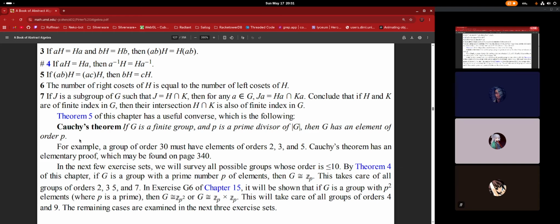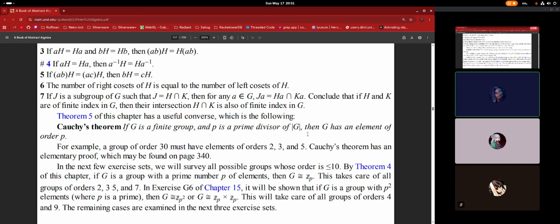Cauchy's theorem: if G is a finite group and P is a prime divisor of the order of G, then G has an element of order P. Again, wild. For example, a group of order 30 must have elements of orders 2, 3, and 5.